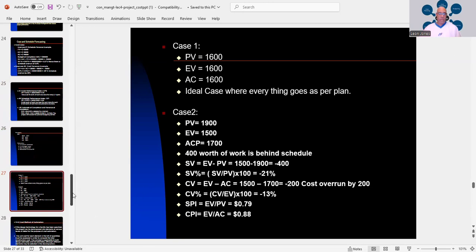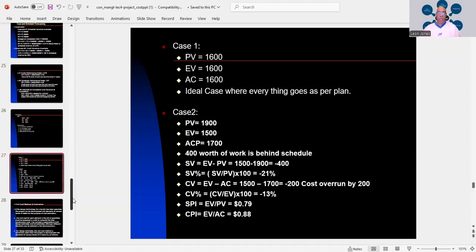I would go back, take these cases, and work these numbers. You may be seeing them on the FE exam as well. You may even see them on the test if you're taking a construction cost control class.